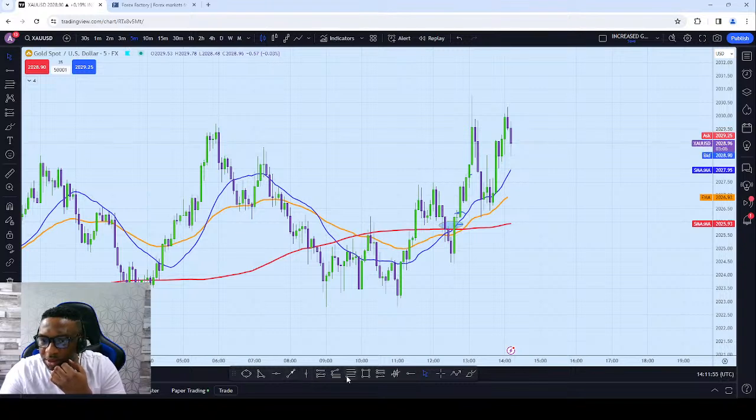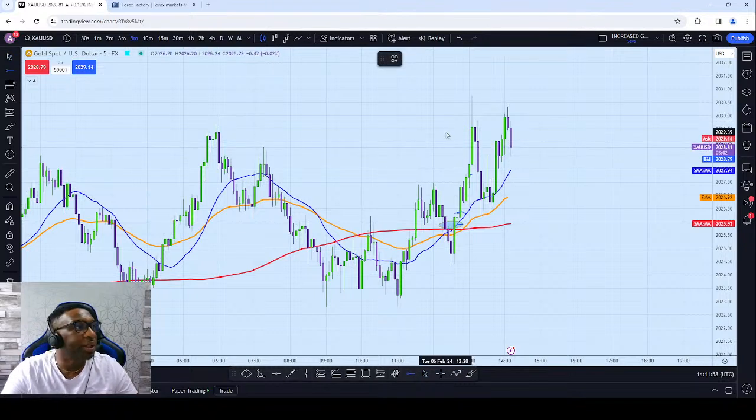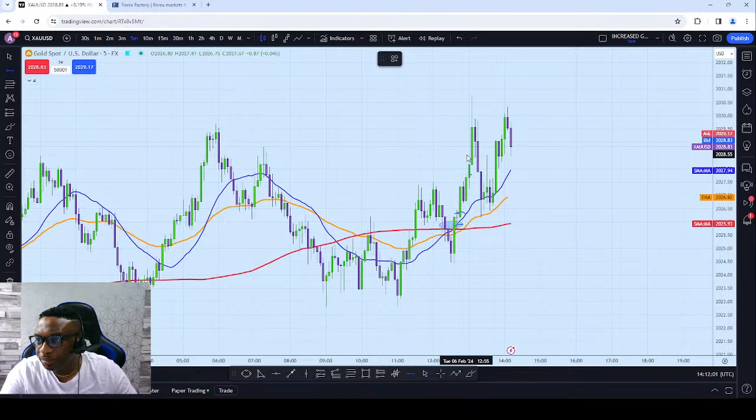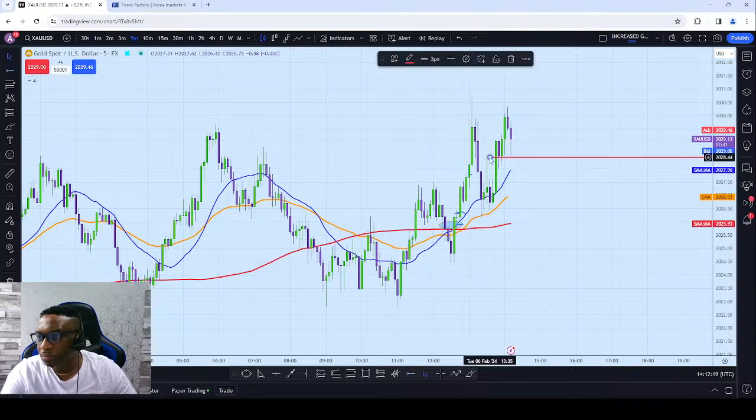So where is 2028.44? Okay, so Chris got into this trade from this level.